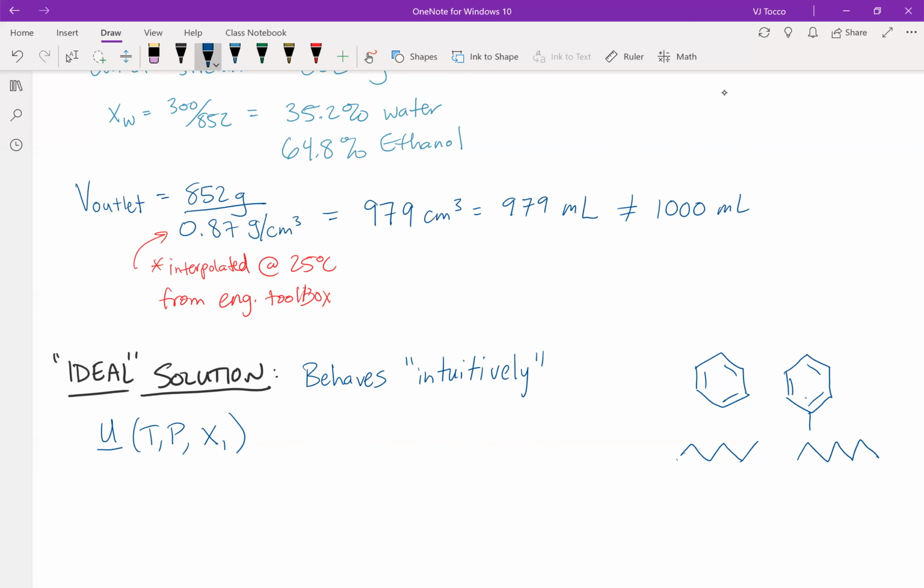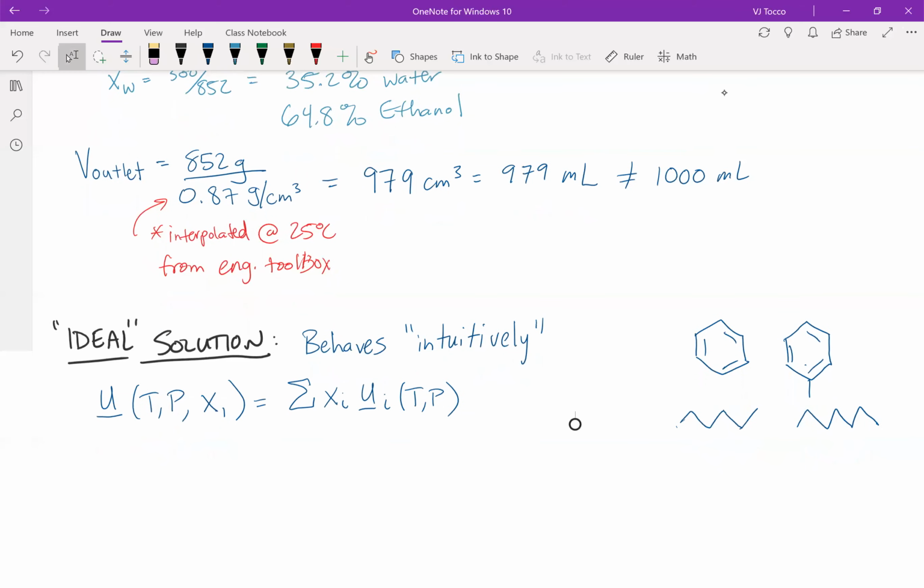So if I say that the mass fraction is 70%, for instance, that means that the other 30% must be the other component. So for an ideal solution, I can say that this is equal to the weighted average of all of the components. So it's equal to X of component i times the internal energy of component i at that temperature and pressure.